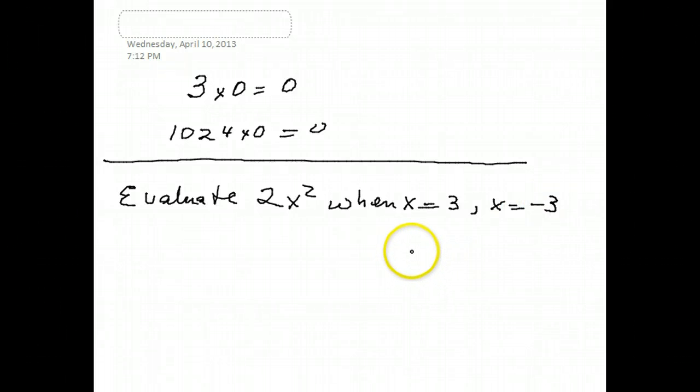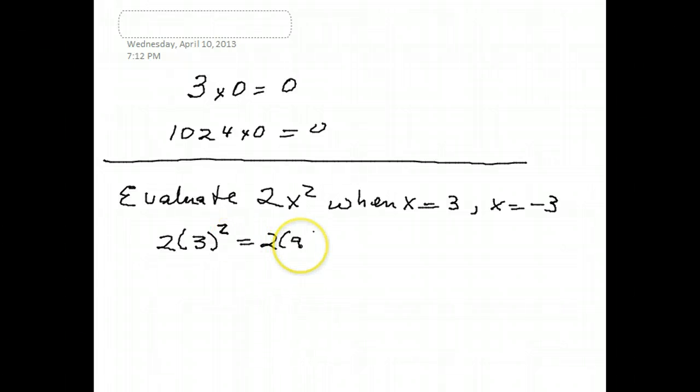So I'm going to do two evaluations, and let's see what the answers are that I get. Okay? So I'm going to replace first x by 3. So this is going to be 2 times 3 squared, which is 2 times 9, which is 18.